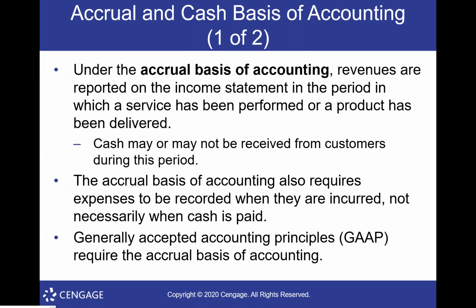We match those up with the time period in which we either earn the revenue or incur the expense, rather than when the cash changes hands. But that creates its own set of issues: how do we track this where I've received cash in advance, what is that cash, and how do I deal with it? Or when I pay something in advance, how do I record that on my books?